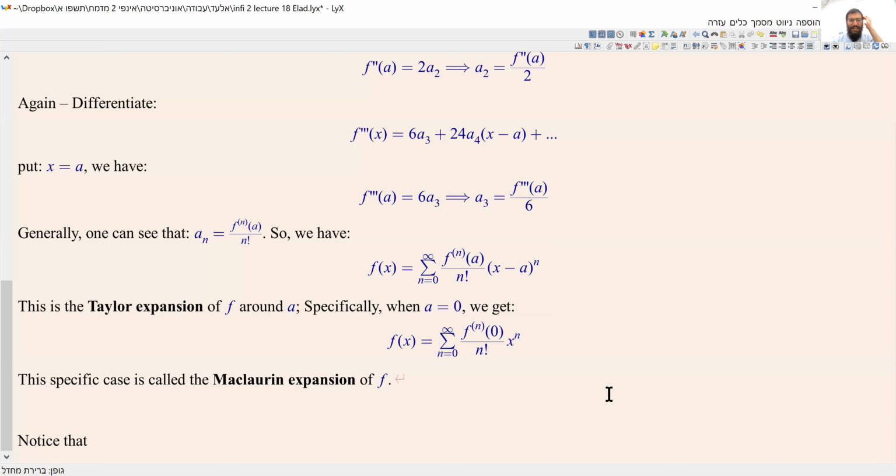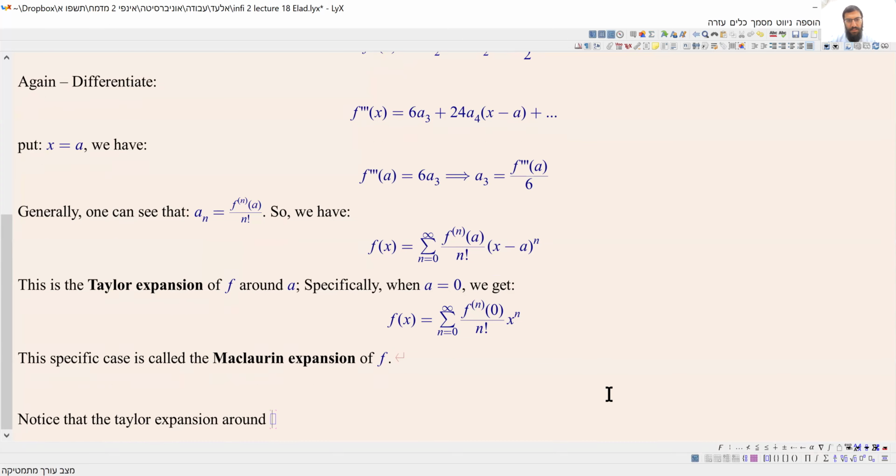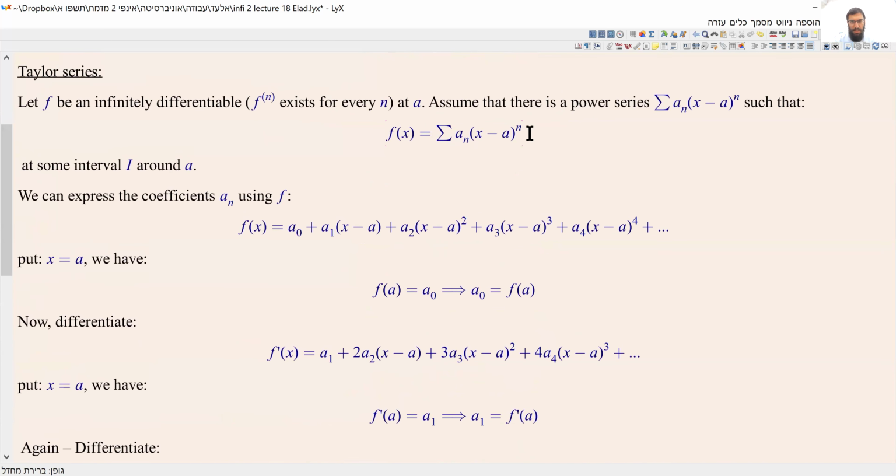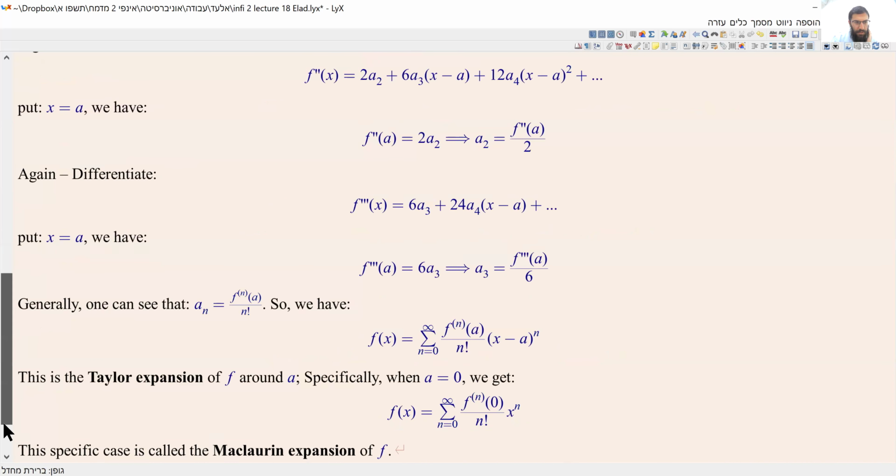Notice that the Taylor expansion around a is unique. If f equals some power series around a, it must be the Taylor expansion, as we calculated.